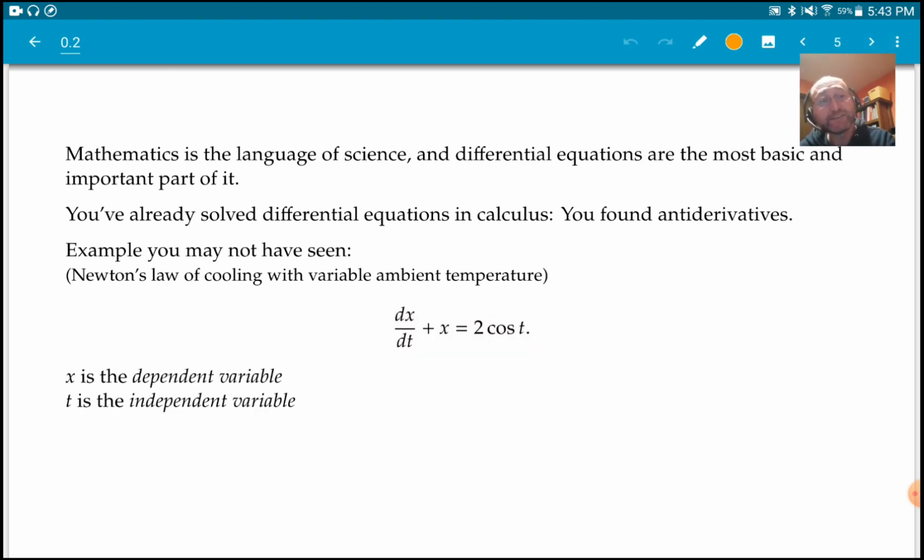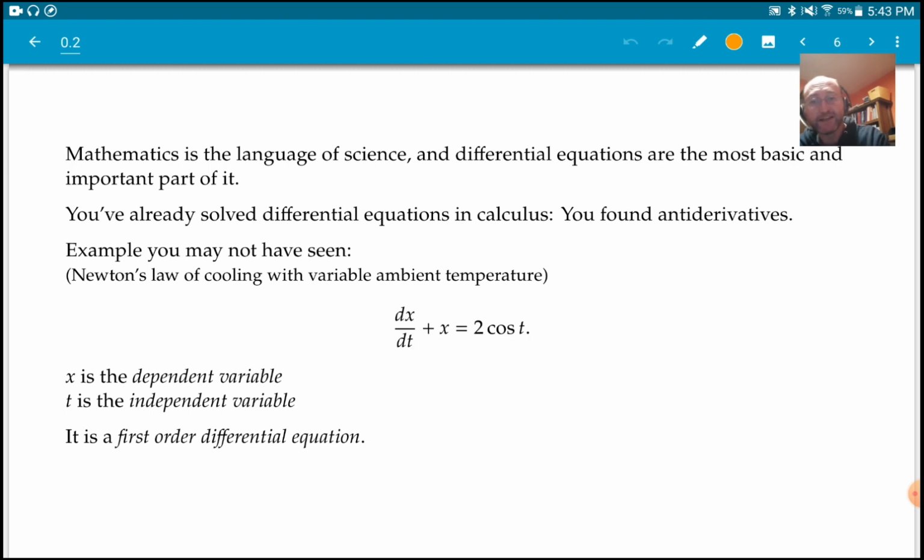So x is the dependent variable. x is something that depends on t, and you can see that we're taking derivatives of it. So x is going to be a function of t. Once you know t, you know x. If it's the temperature of the coffee at a certain time, given any particular time, we have a temperature.